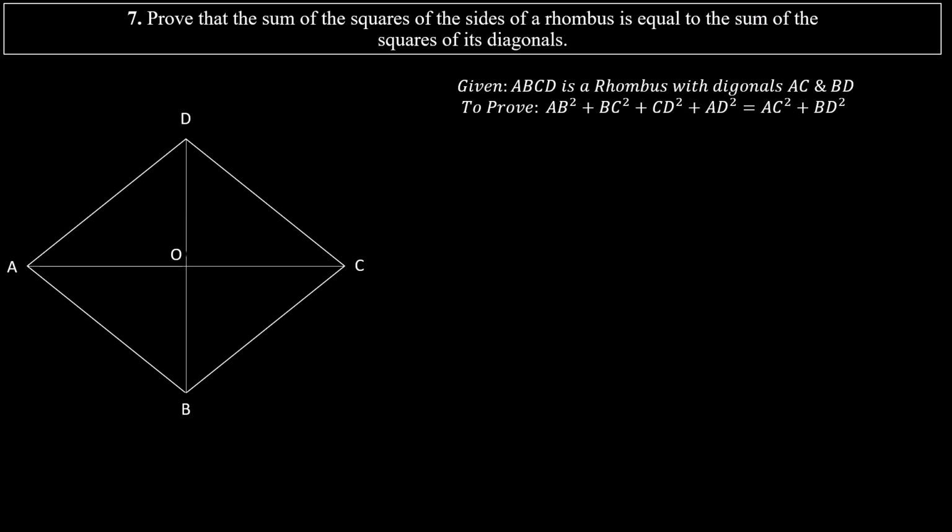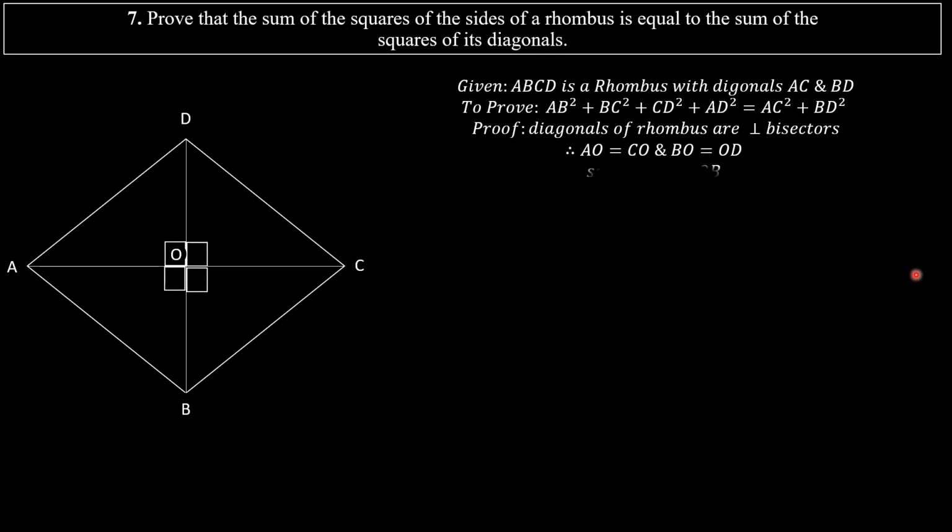Given that ABCD is a rhombus with diagonals AC and BD, we need to prove that the sum of the squares of the sides, AB square plus BC square plus CD square plus AD square, is equal to AC square plus BD square. Since the diagonals of the rhombus are perpendicular bisectors, AO is equal to CO, and similarly BO is equal to OD.